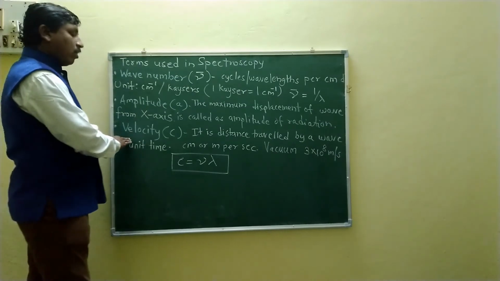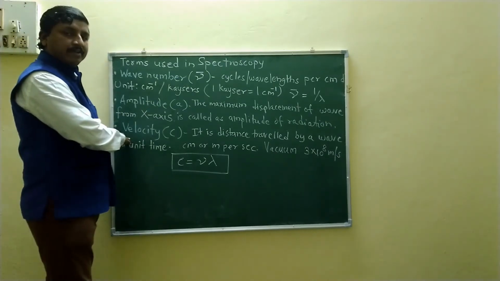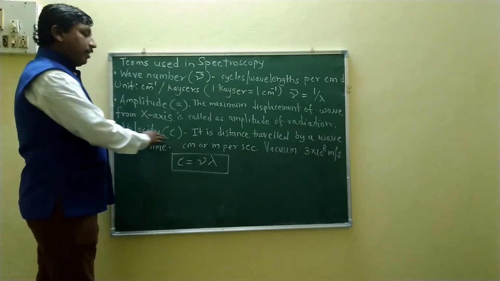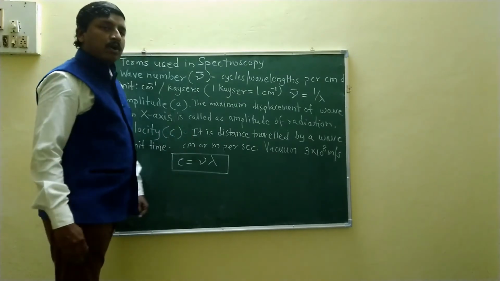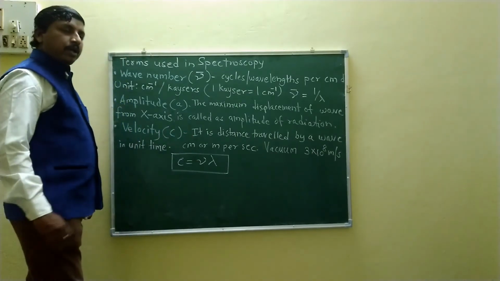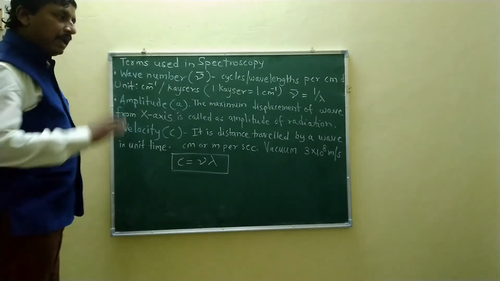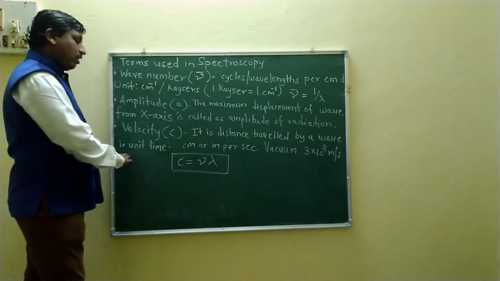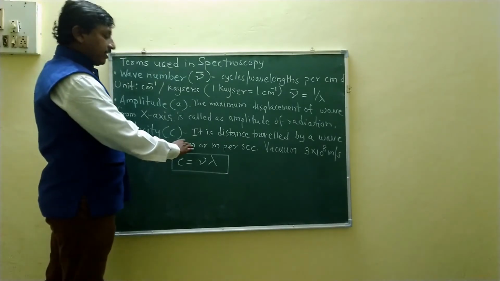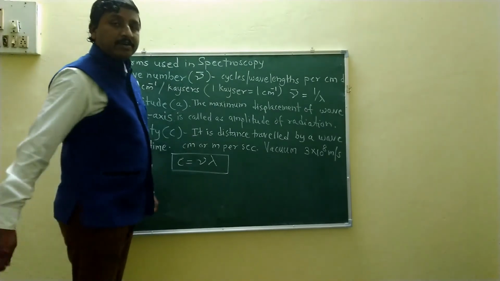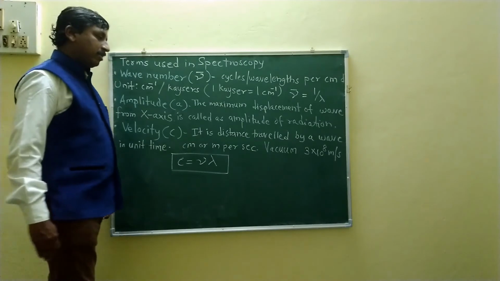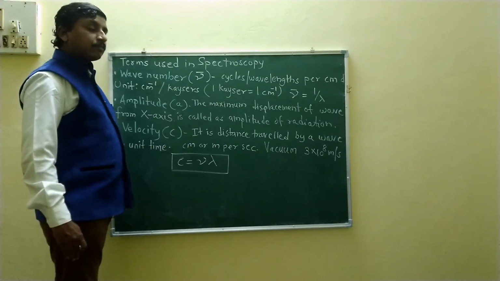Next term, velocity. It is denoted by the letter c. It is the distance traveled by a wave in unit time. It can be expressed in centimeter per second or meter per second.